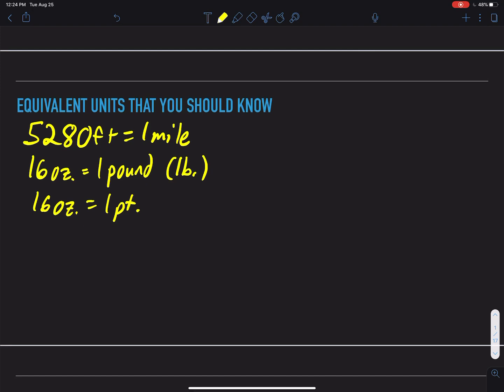You should know that there are 8 ounces in 1 cup. You should know that there are 2,000 pounds, which is equal to 1 ton.